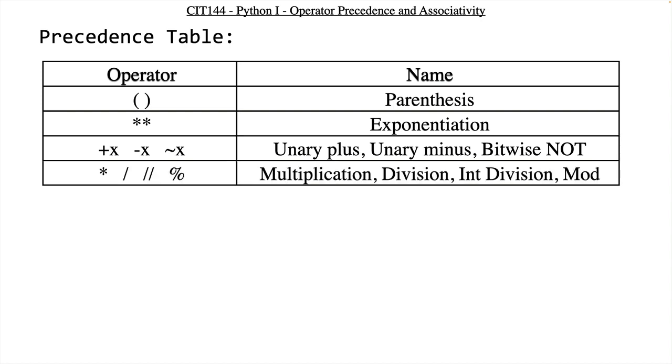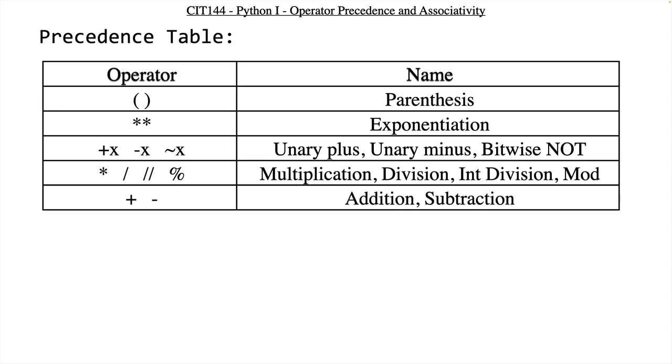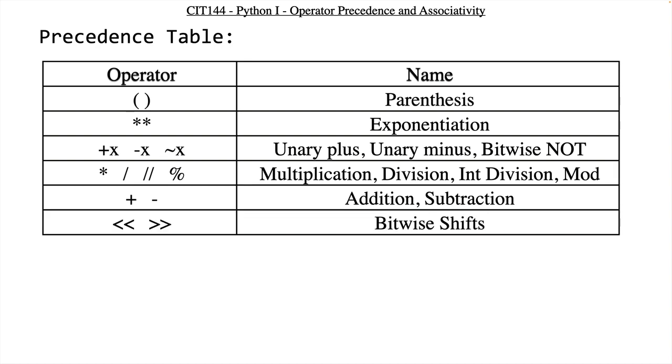Next in our table are some of the more common arithmetic operations. The first set is multiplication, division, integer division, and the mod operator. The next is addition and subtraction, plus and minus. Next in the table are bitwise shifts.